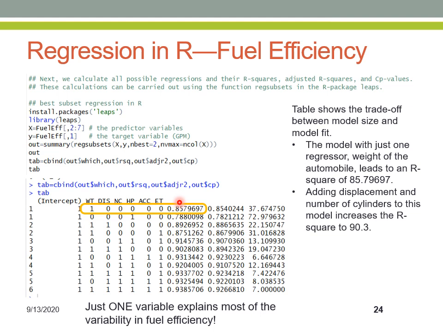That's pretty amazing. And if we add just two more variables, namely displacement and number of cylinders, because gas usage is of course dependent on how big the engine is and how many cylinders are running, then we increase the fidelity of our model by almost 5%.